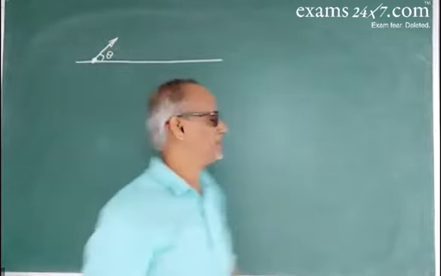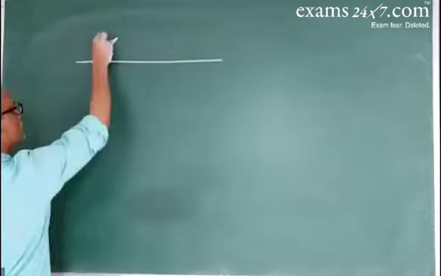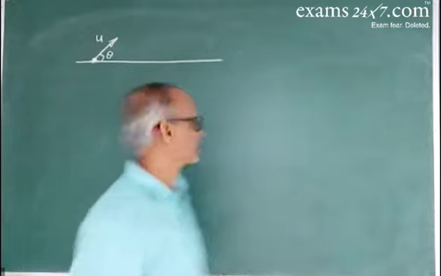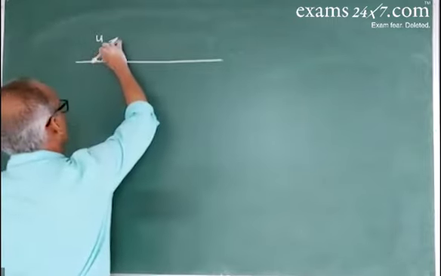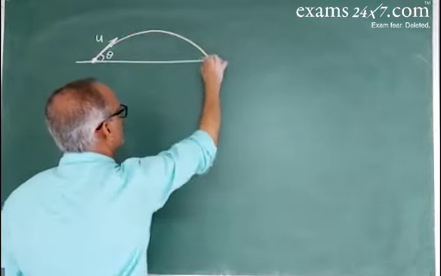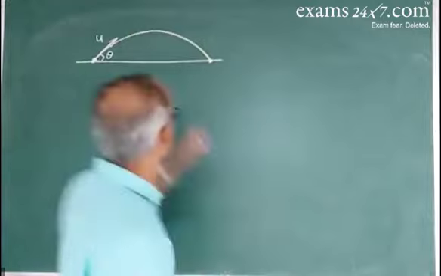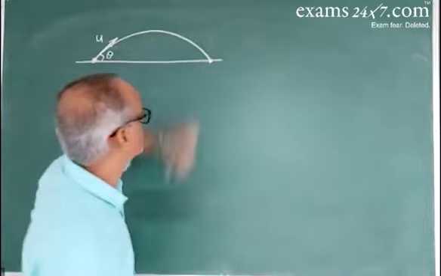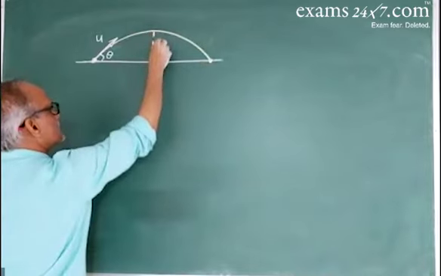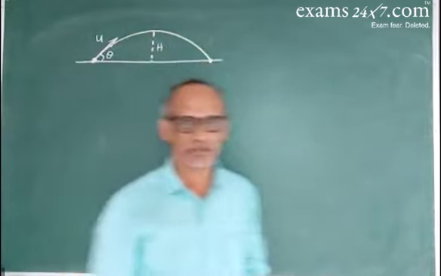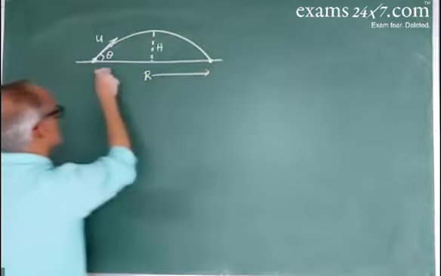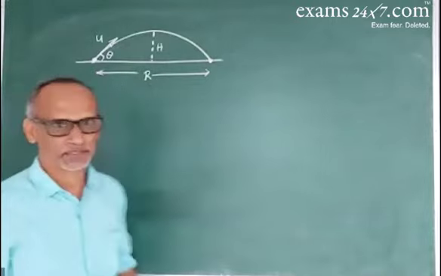We call u the initial velocity, or velocity of projection, and the trajectory is always a parabola, so that it reaches the same level as the projection. By then it covers a certain maximum vertical distance, which we represent by h, and a maximum horizontal distance, which we call the range of the projectile.